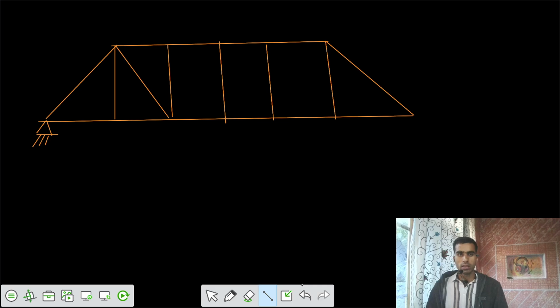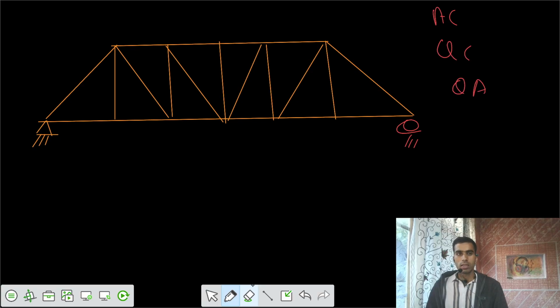They are some sort of n type. So we need to get AC, QC, QA. Let's say this is A. We have this one QRS, and we have this one CDE.